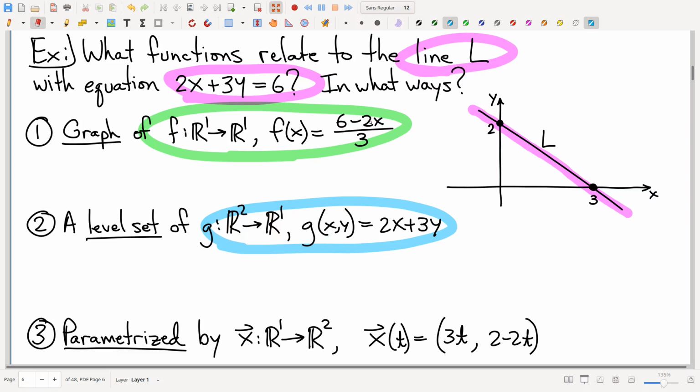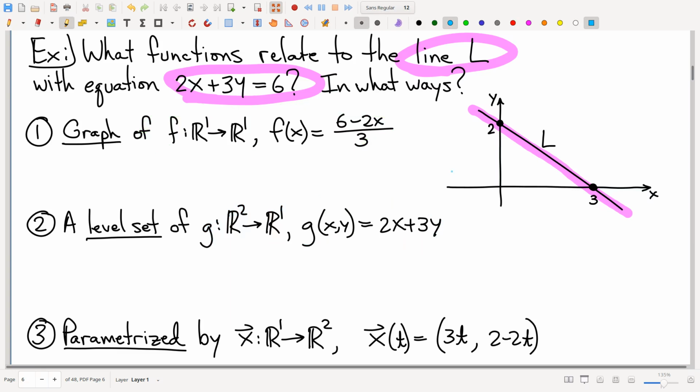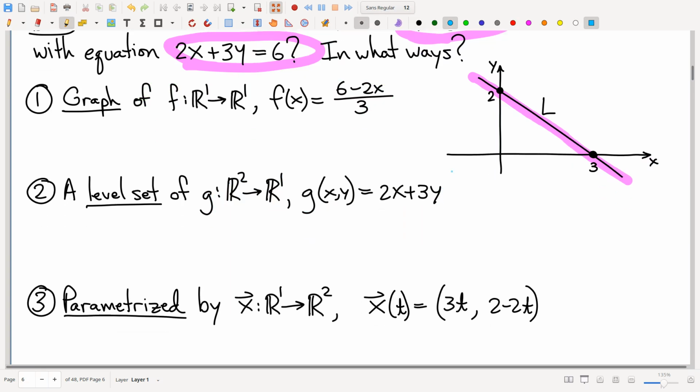The last one, yet another function that will help me understand this line is the parameterization. And we've talked previously about the parameterization. If you have a point on the curve and if you have a vector parallel to the line, and I'm highlighting based on what parts of this parameterization come from what parts of the geometry here.